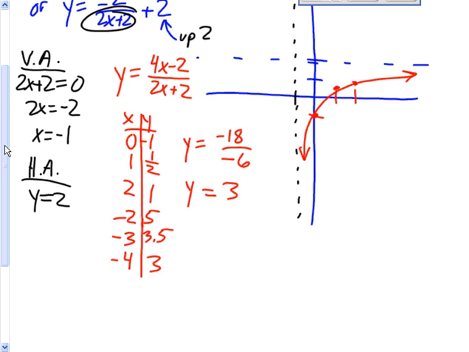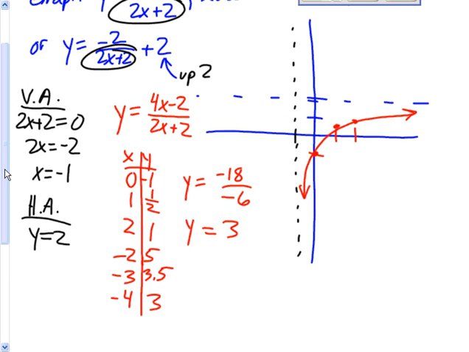Alright, put those points on. So I got negative 2, 5, negative 3, comma 3.5, I'm up 1, 2, 3 and a half. I got negative 4 and I'm up 3. And you can kind of see staying within our vertical and horizontal asymptotes here.